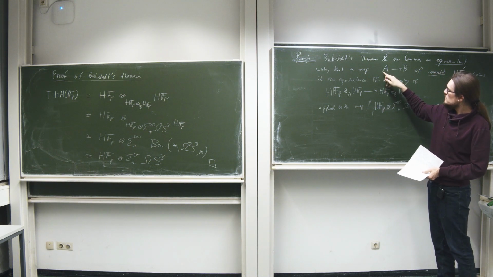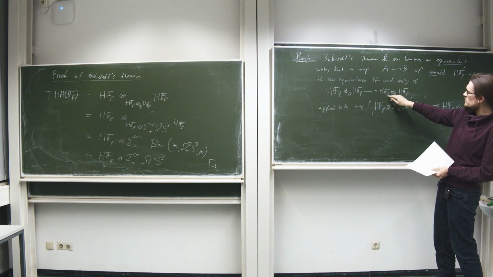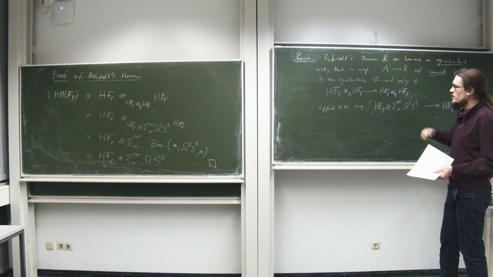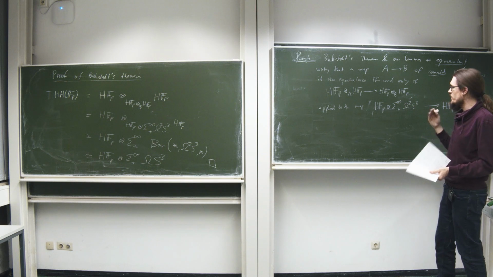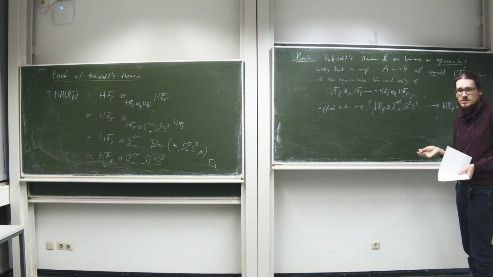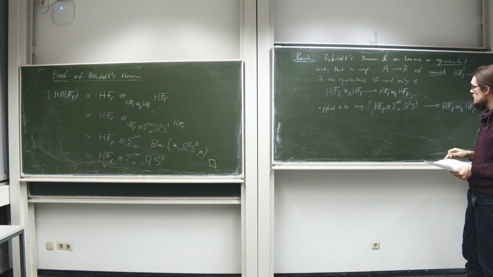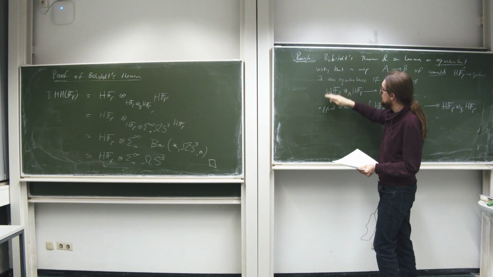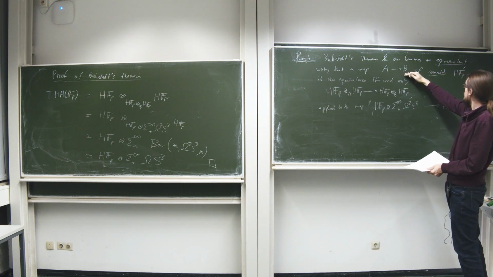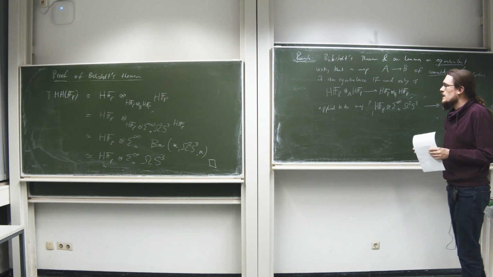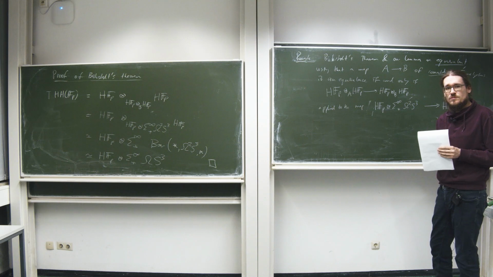So if you know that this kind of construction detects equivalences in this way, then you can use this the other way around. Bökstedt's theorem implies that this map is an equivalence. I think that's a very fun fact. So this lemma here, that a map of connected HFp algebras is an equivalence if and only if it is on these bar constructions, that's not too hard to prove.